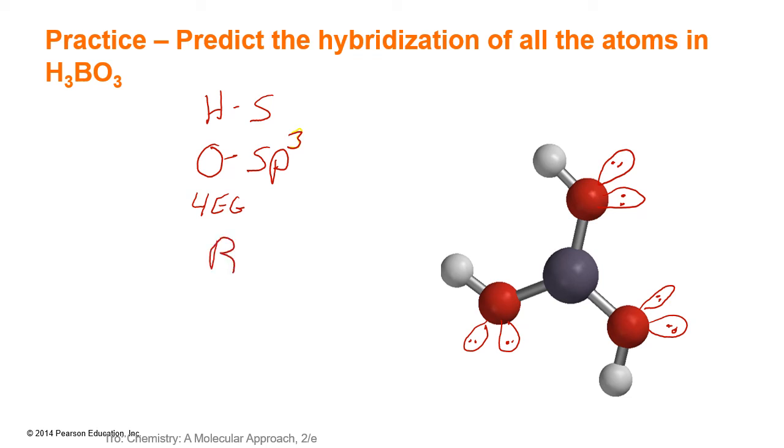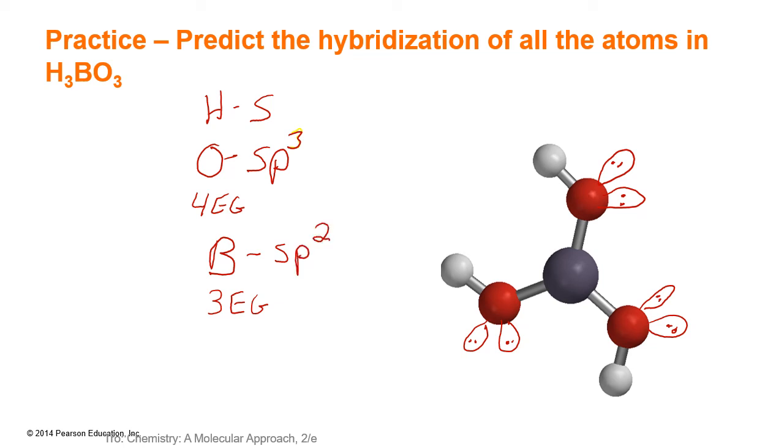The boron, which is the gray or purplish looking atom, has 3 electron groups drawn around it. Remember, boron is all right with 3 bonds. So we have 3 electron groups, which means we need 3 orbitals.